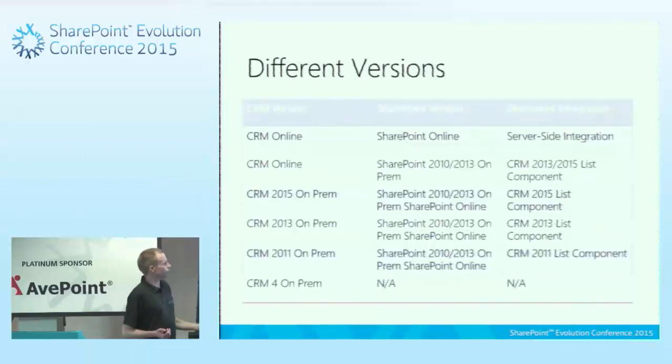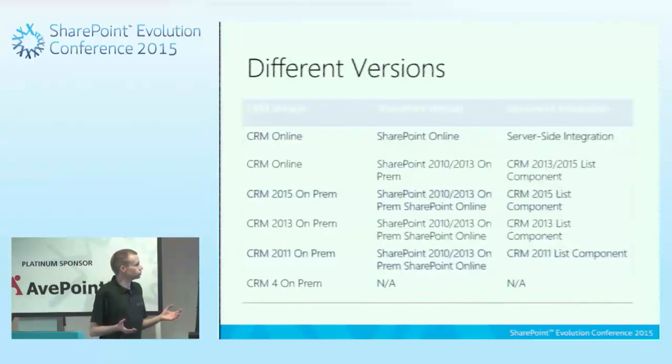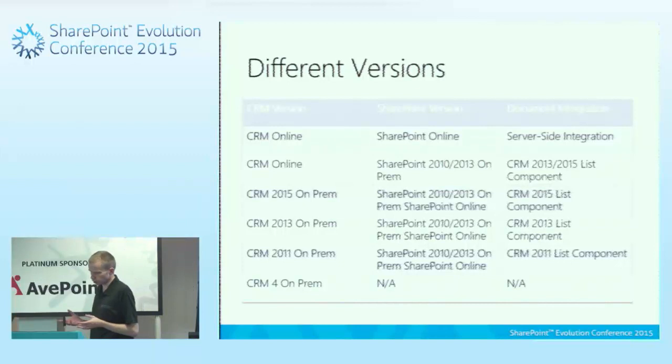In terms of all the other setups, there is more involved, and it depends on which flavor of CRM and SharePoint you've got, that you use basically different flavors of what's called this list component. And this is this sandbox solution component. Even if you're using SharePoint Online, and you're using CRM on-prem, you still have to use the list component. So for instance, where I'm using CRM Online with SharePoint on-prem, it uses the list component, or vice versa. It works differently.